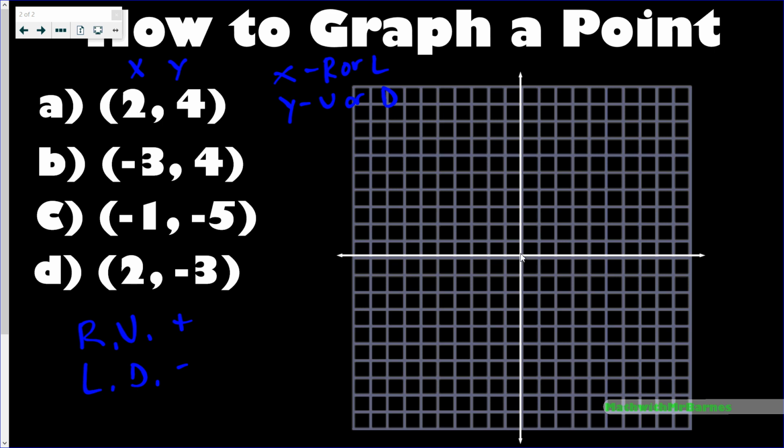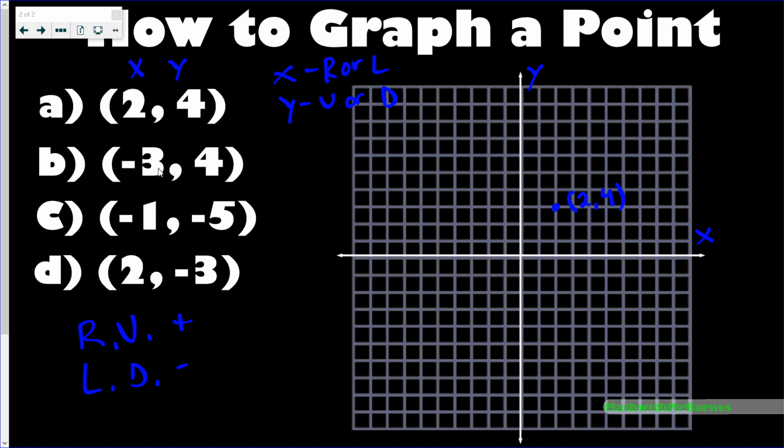I always start from the middle, and I count 1, 2. So there's my x of 2, and then up for the y: 1, 2, 3, 4. I put a point, and then I'll label it. That point right there is 2, 4. Now one thing I should do is put x and y on these, just like I should always do.